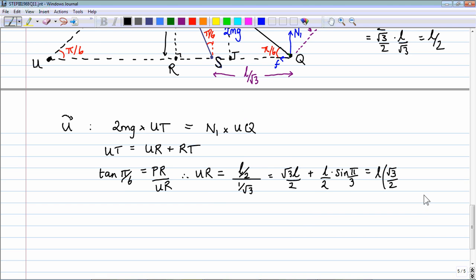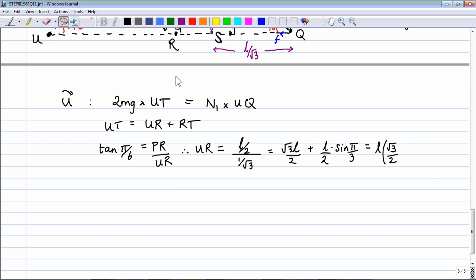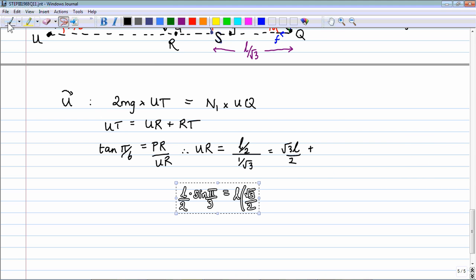Yeah, I see the mistake I made here. Oops, this should be moved here because we've now moved on to calculating. Oops, let's just delete that. So UR was root 3 L over 2, and RT, which I'm calculating now, RT is L root 3 over 4. So root 3 L over 4.